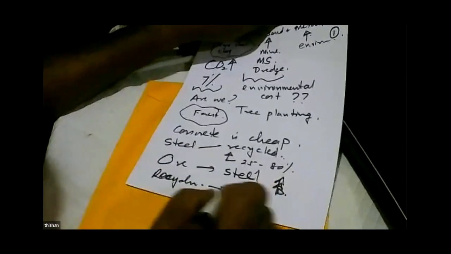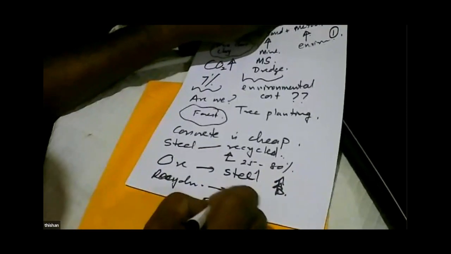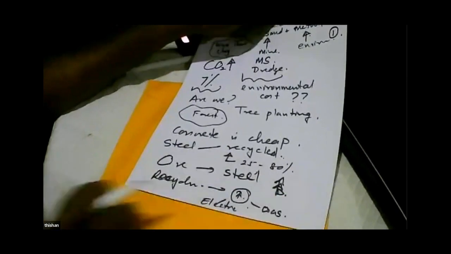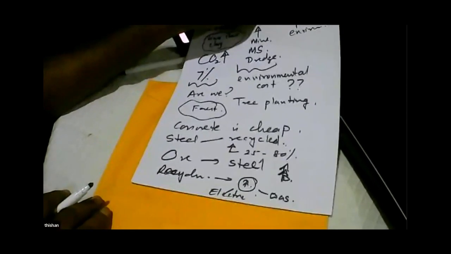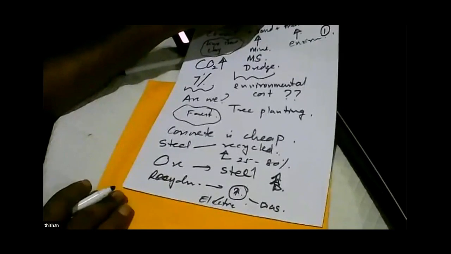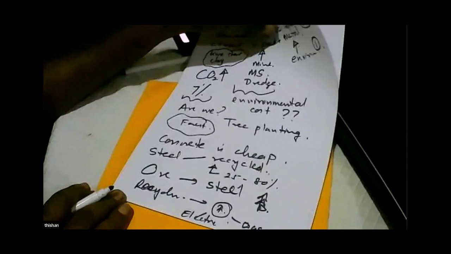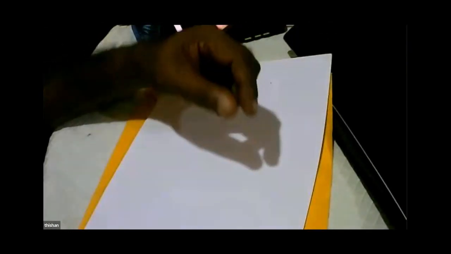But you can do it using an electric furnace, not using gas, because gas cannot sometimes give the correct temperature. So you have to do the correct recycling. In Sri Lanka, some people recycle using gas powered systems, which may not be ideal. The ideal is to go for electric powered recycling.